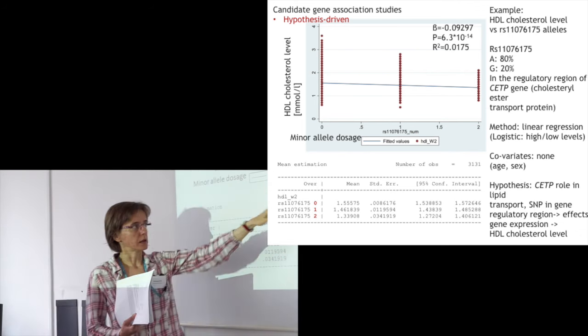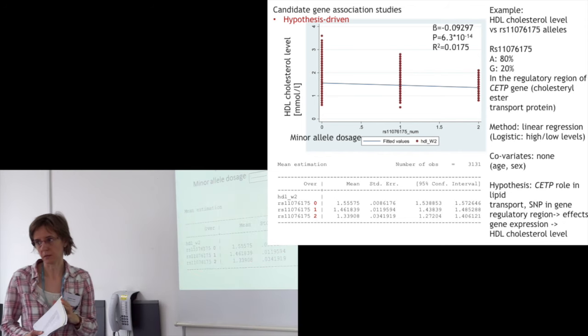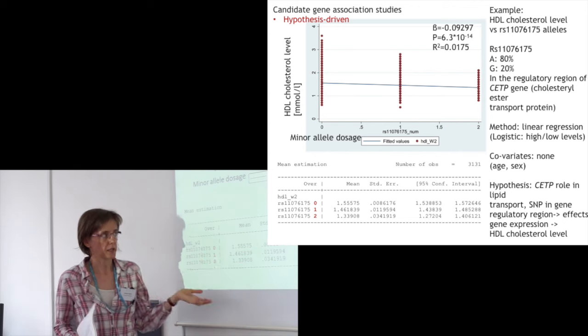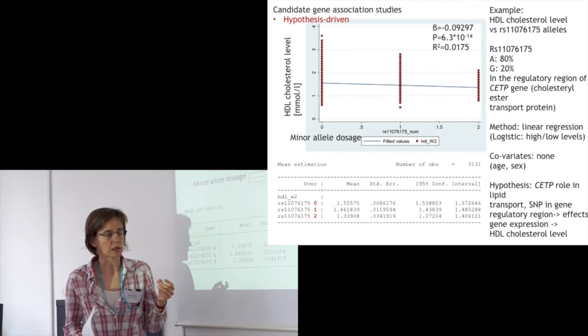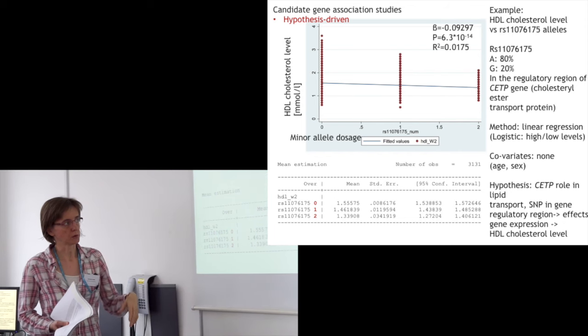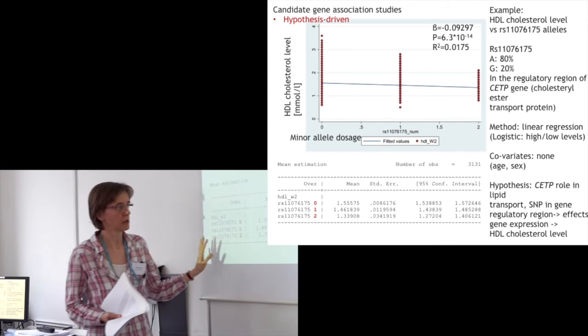Now, this was just a simple linear regression, but you can use any statistical method. It depends on the program, or covariates if you like. There weren't any in this one, but again, you choose covariates based on the literature, like older people tend to have higher cholesterol, or women, or whatever.